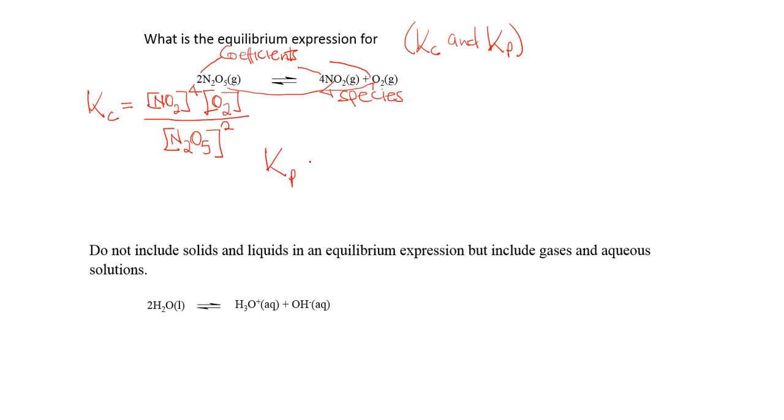Now using Kp, it will be the pressure of NO2 to the power 4 times the pressure of oxygen divided by the pressure of N2O5.